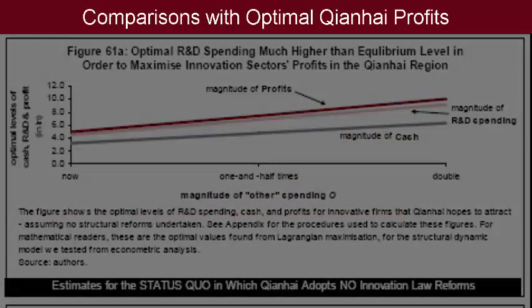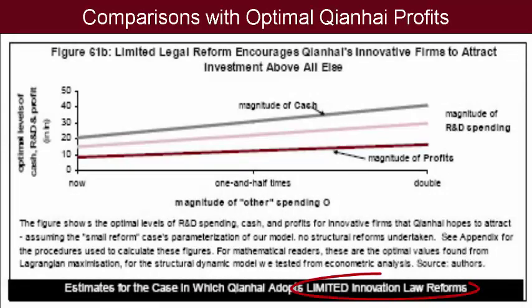As Qianhai engages in limited legal and regulatory reform, we see an interesting thing happen in the relationship between optimal profits, R&D spending, and cash. We see that the optimal amount of cash these companies need to employ increases dramatically.